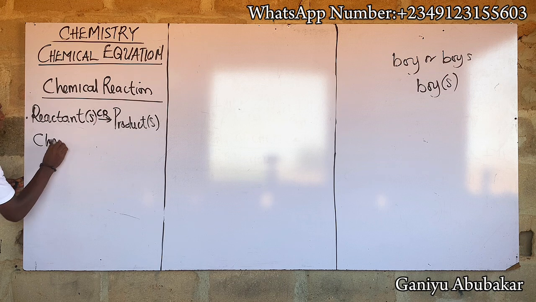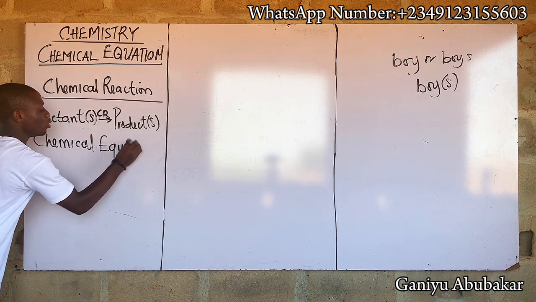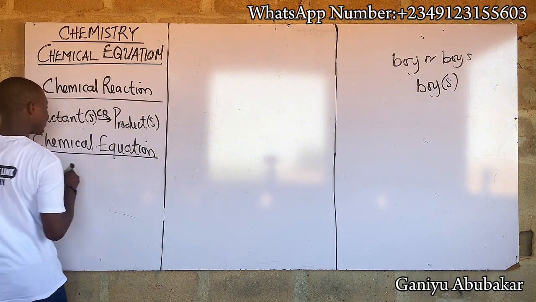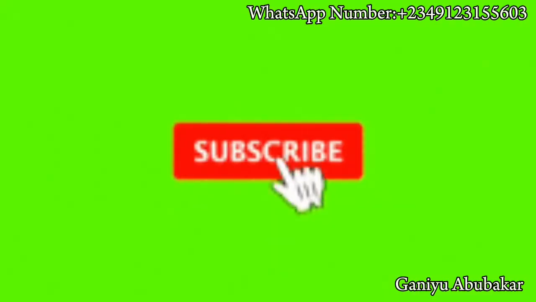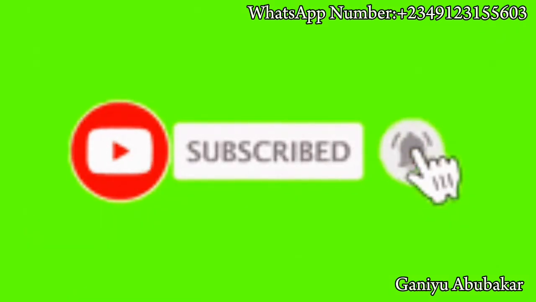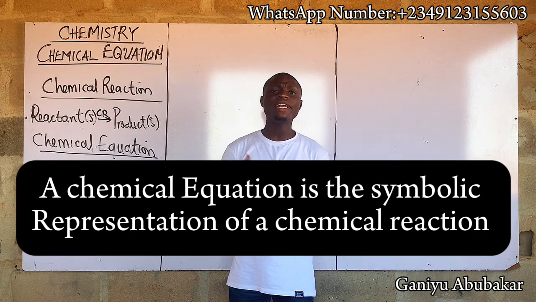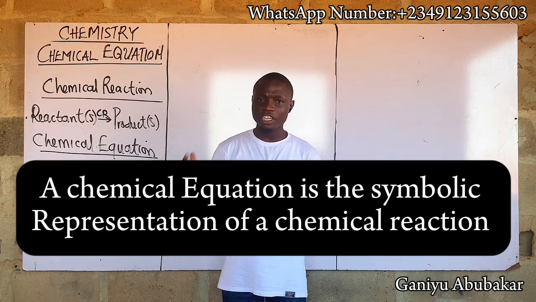Let's define chemical equation. A chemical equation is simply the symbolic representation of a chemical reaction.